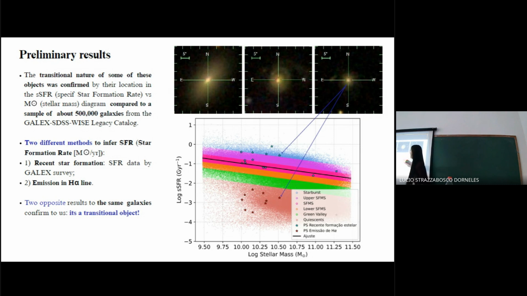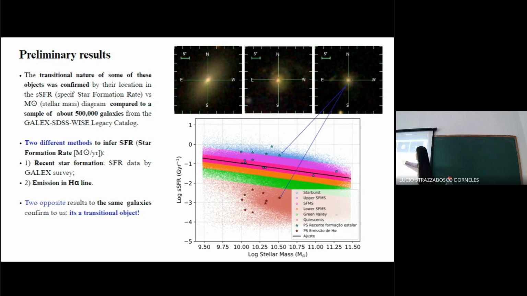Here we have 30 galaxies and 10 galaxies, but it is the same sample. This galaxy appears here and here because we use two different methods to infer the star formation rate.